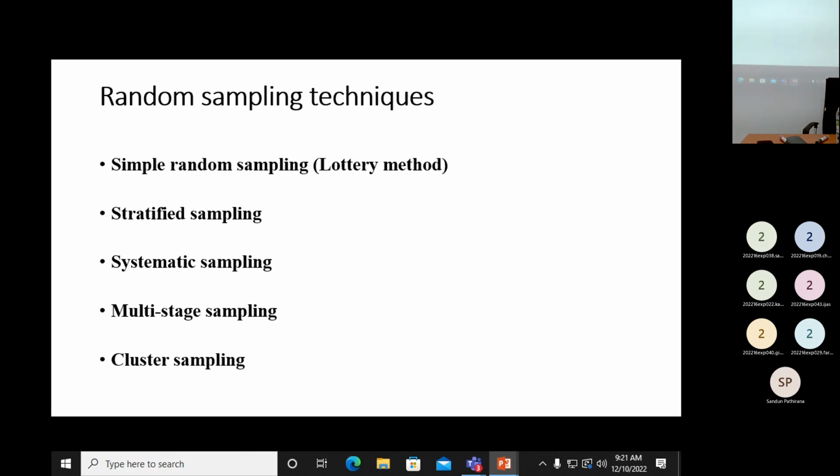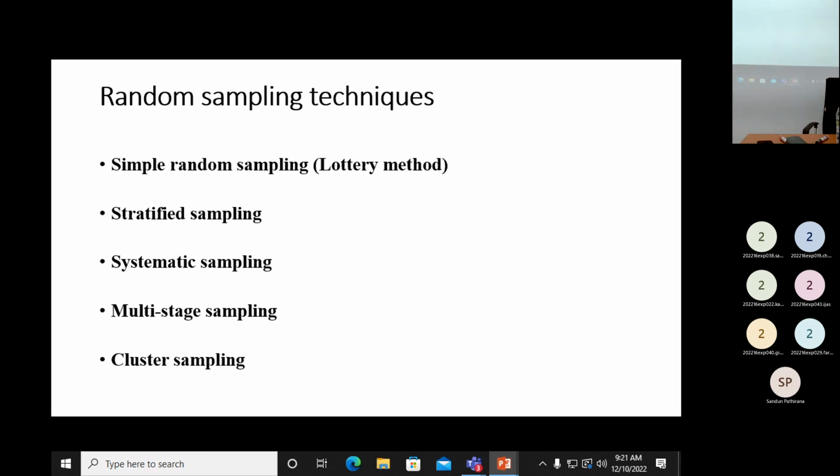Then how do you do that? 10 divided by 5 multiplied by 3, then 6 male employees you select. Out of this 30, randomly you select 6. 10 divided by 5 multiplied by 2, then 4 female you select out of this 20.